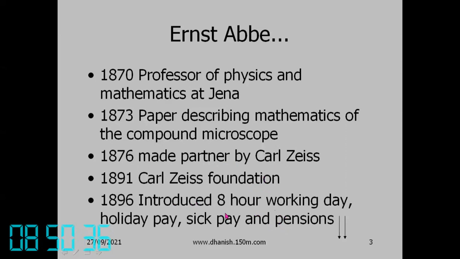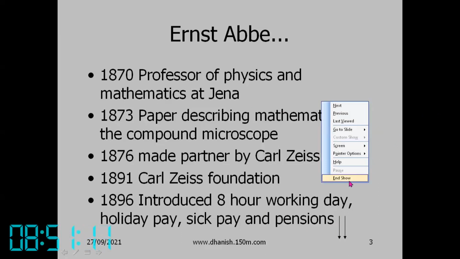In 1896, they introduced an 8-hour working day, so you only had to work for 8 hours. They also introduced sick pay and pensions. So they were a very progressive company. Just like government companies, in the private sector also they were giving pensions. That is why they are famous. In Europe, they had a very favorable climate towards employee benefits. Okay, so that is about Abbe.